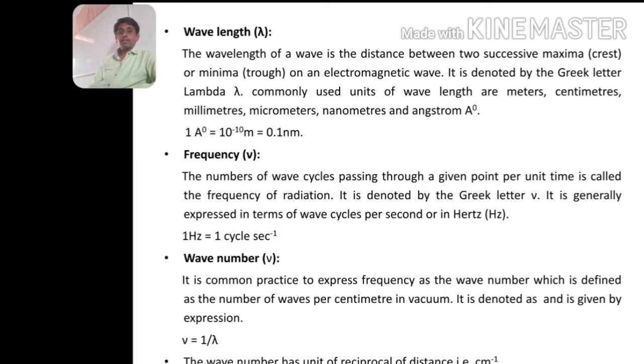In frequency, there is a number of wave cycles passing through a given point per unit time. Here, wave number is the number of waves per centimeter in vacuum. Means for 1 centimeter, how many waves are passing in a vacuum. This is the wave number.